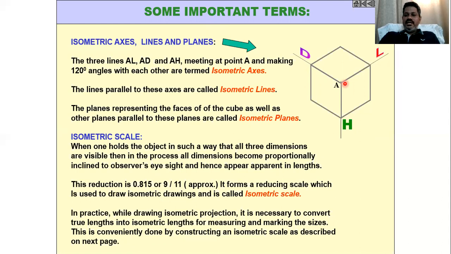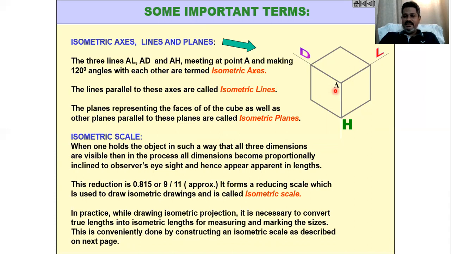Then when it comes to the isometric scale, whenever we hold an object in such a way that the observer can see all the faces or all the dimensions of the component, the appearance or the lengths are not true lengths.